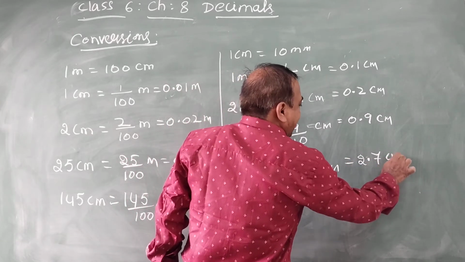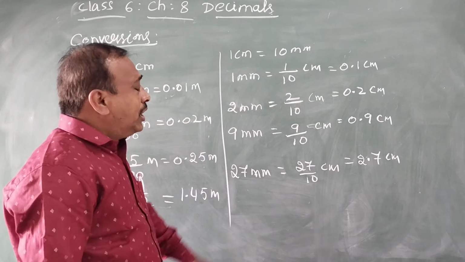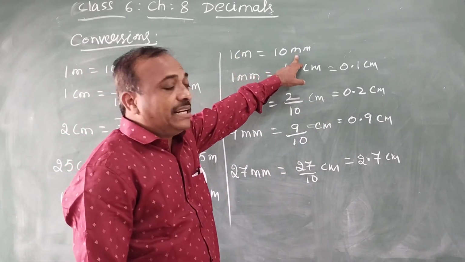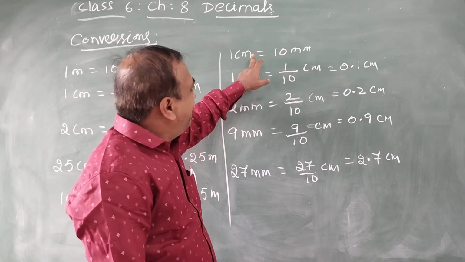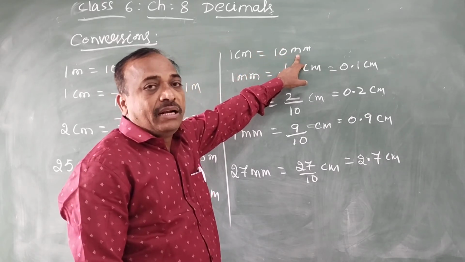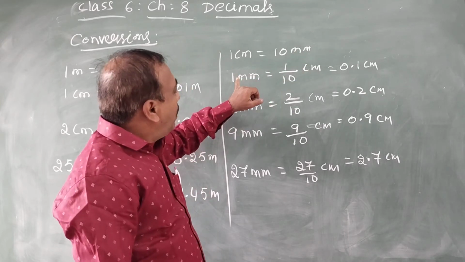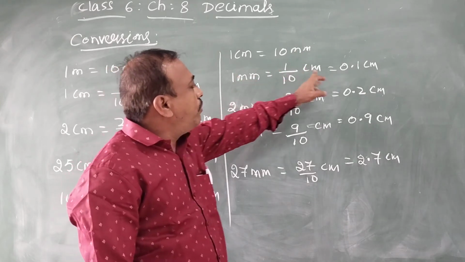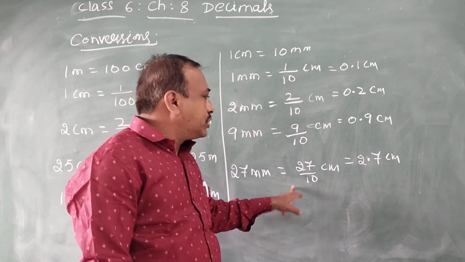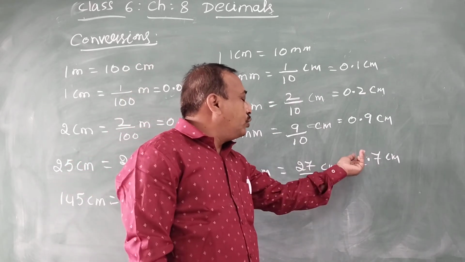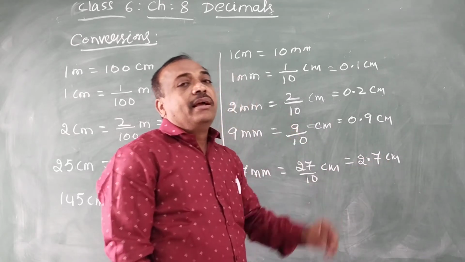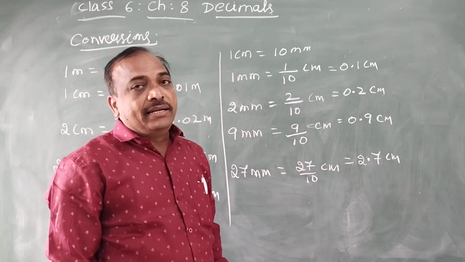2.7 centimeters. So that means 1 centimeter is equal to 10 millimeters. Are you following? So 1 millimeter is equal to 0.1 centimeter. 27 millimeters is equal to 2 centimeters and 0.7 millimeters, 2.7 centimeters.